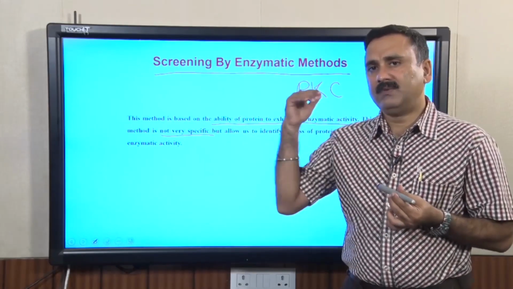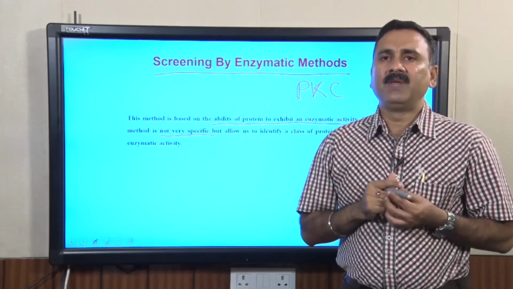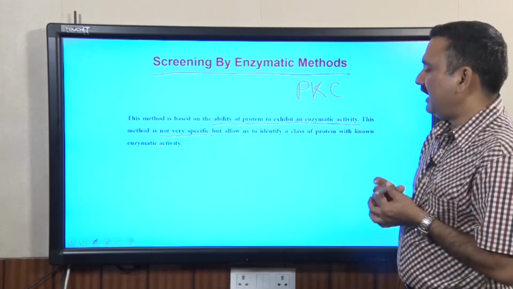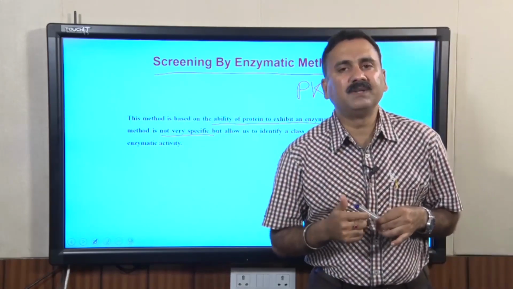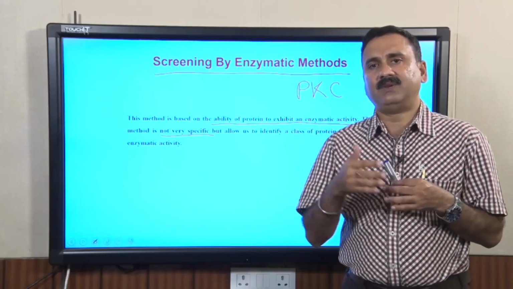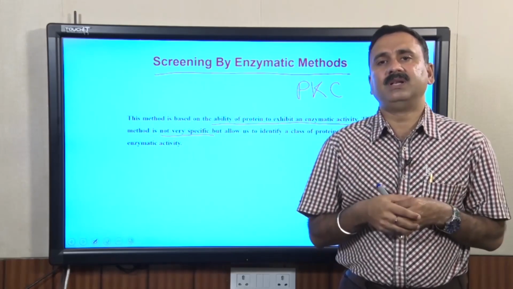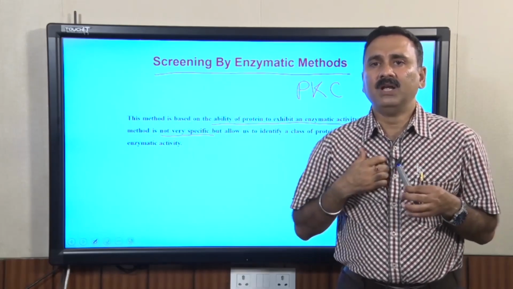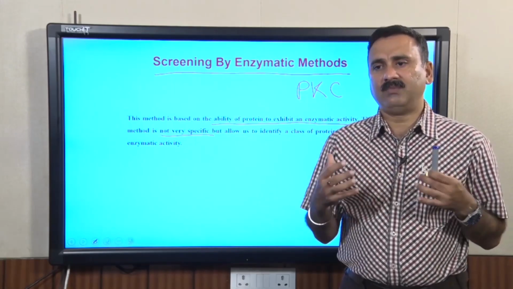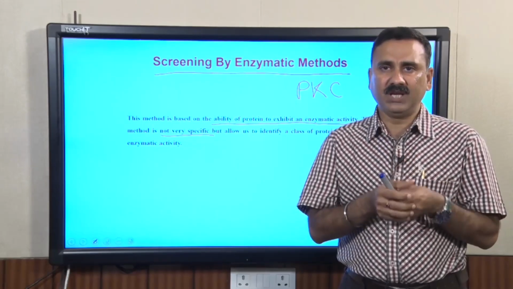That is why with this approach, the background is going to be very high, and you may have a large number of false positives. So far we have discussed the hybridization techniques, the immunological techniques, and the enzymatic method to screen the genomic or cDNA library, so that you can get the clones which contain your specific gene.